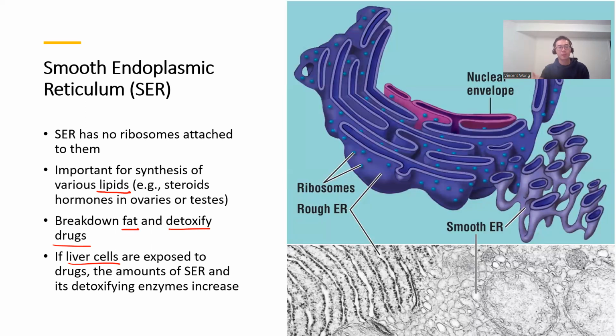So when liver cells are exposed to drugs, and I don't necessarily mean illegal drugs, it could be medication, when your body is taking any kind of medication, your liver cells will actually increase the amount of smooth ER to help detoxify the compound, to break it down, to metabolize it.